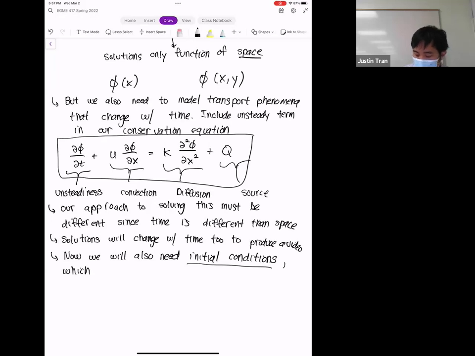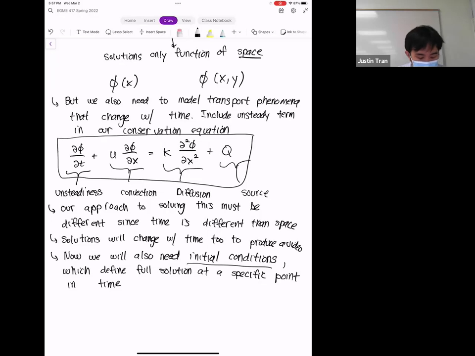What initial conditions are is they define the full solution, what it looks like at a specific point in time. We'll go through the specifics of that once we actually get rolling with this.